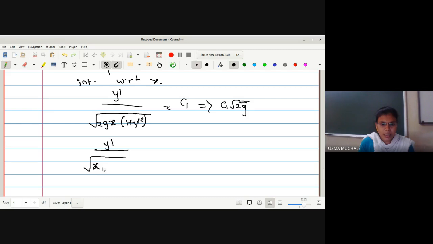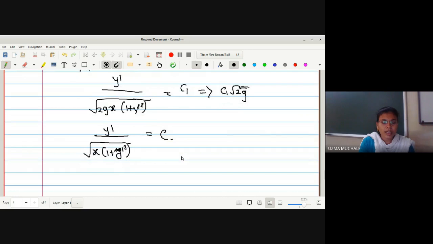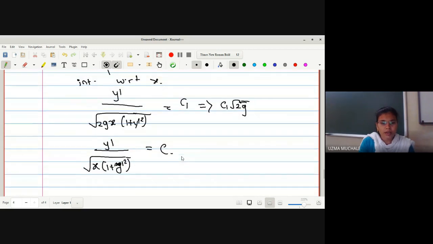So what remains is x(1 + y dash square) equal to some constant, right? g is the gravitational constant, 2 is also a constant, so we take this term here so that it can merge with this constant term and we can have some new constant, say c.